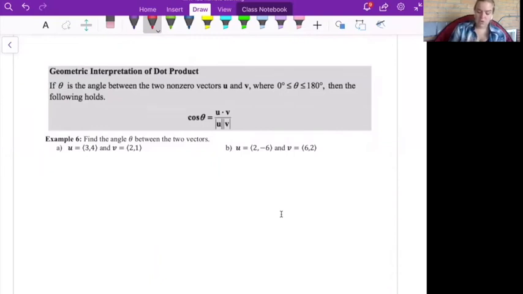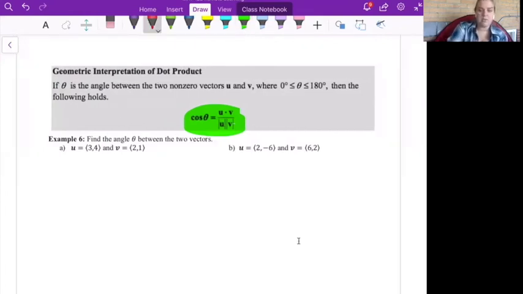And so in order to do that, we use this formula that cosine of theta is equal to the dot product of the two vectors divided by their magnitudes multiplied together. And so again, remember that the magnitude is basically just the Pythagorean theorem.